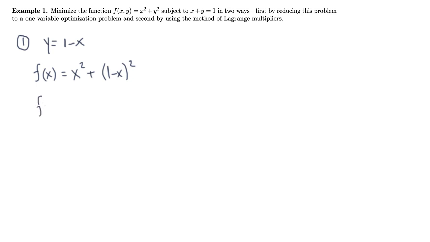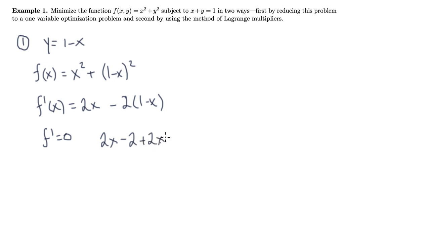And then I take the derivative. And then I set it equal to 0 to find my critical points. And so I have 2x minus 2, and then plus 2x is 0. Or in other words, 4x minus 2 is 0. And then we can solve this to get x is equal to 1/2.